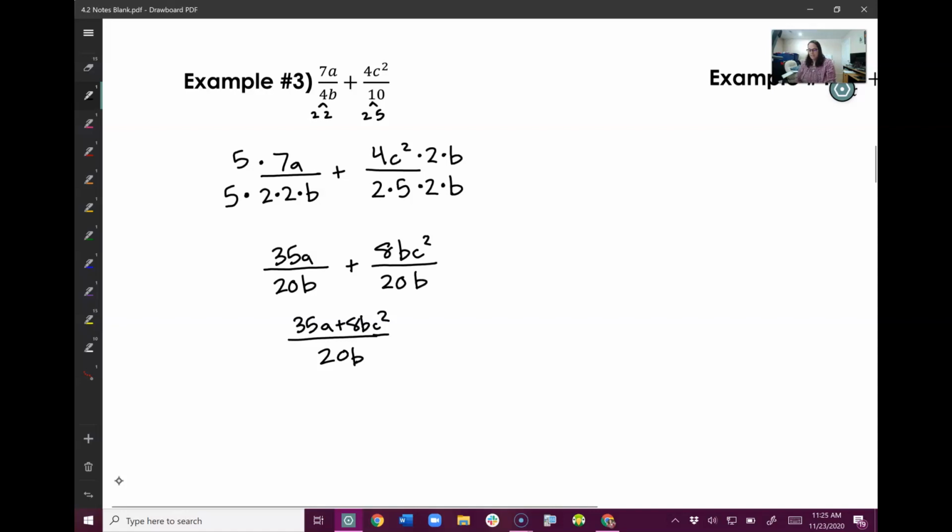So I need to see, does this top have a GCF that I can take out? Well, it doesn't look like there's anything common between 35 and 8. So this doesn't simplify anymore, which means that's my answer, because nothing cancels on top and bottom.